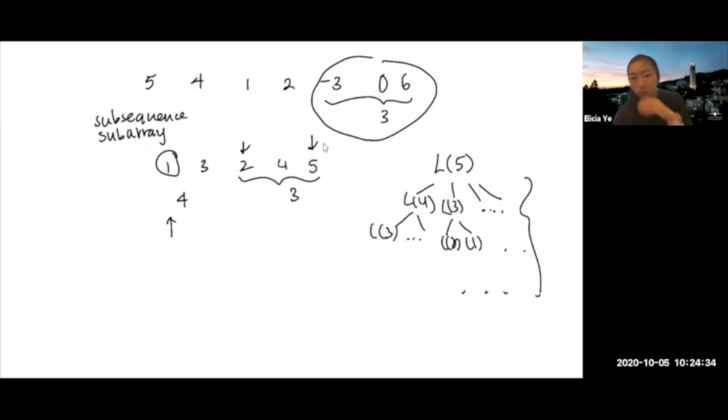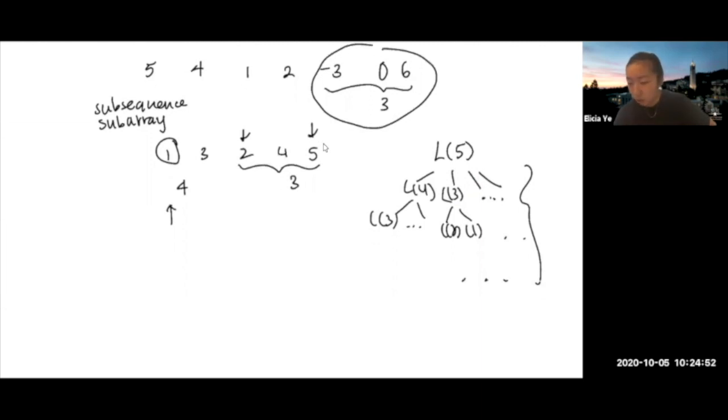Think about the Fibonacci example. These are pretty similar recursion trees, and we're trying to find a way to cache previous computation results. That will prove very helpful, and it will help us reduce our runtime.